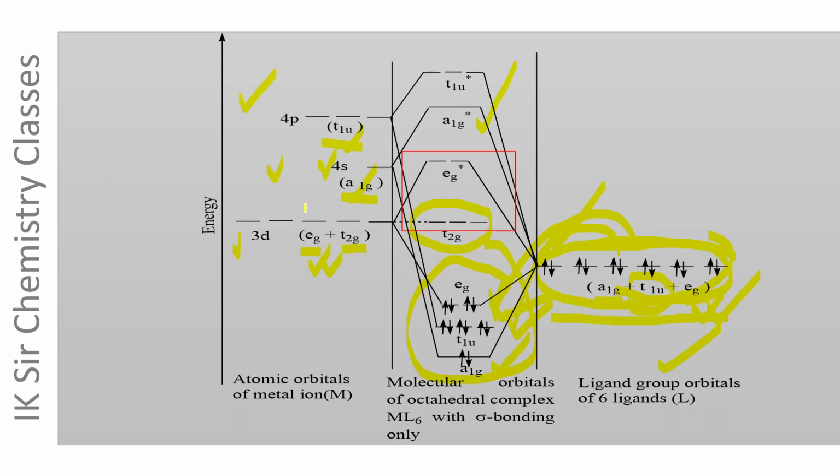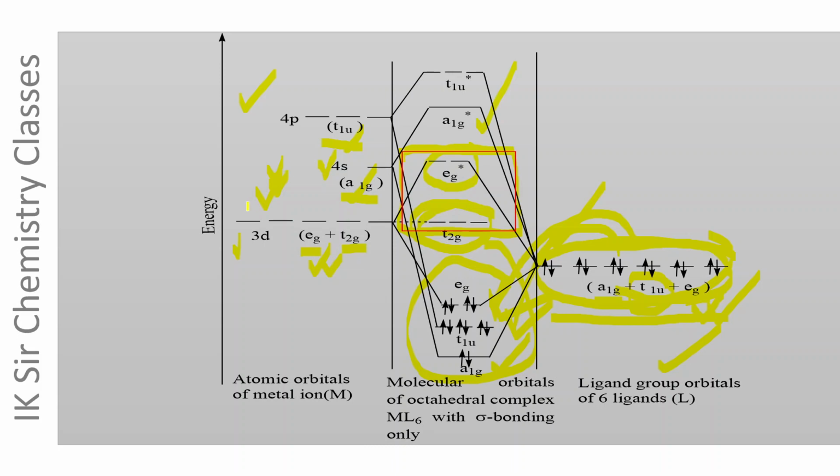The electrons of the central metal ion fill up in T2g non-bonding and Eg star anti-bonding MOs. This is the central part of the MO diagram of an octahedral complex with sigma bonding only.